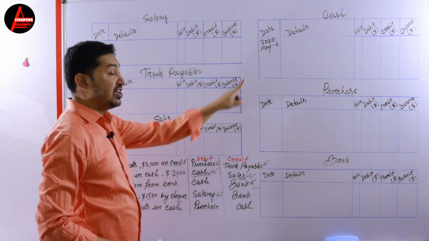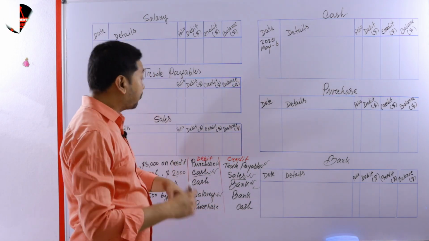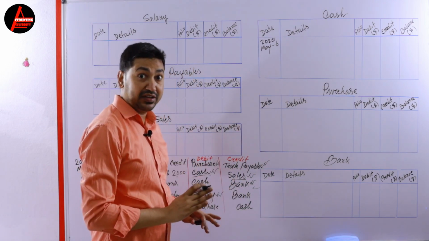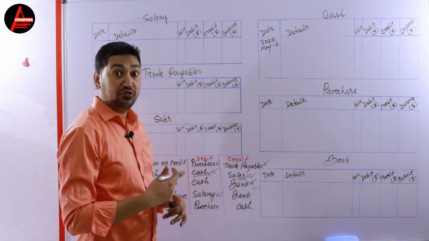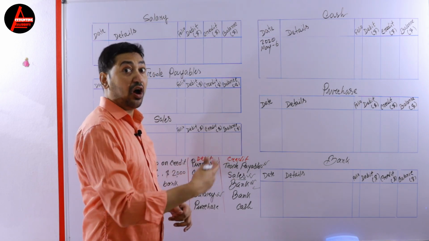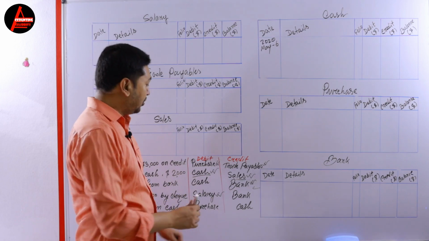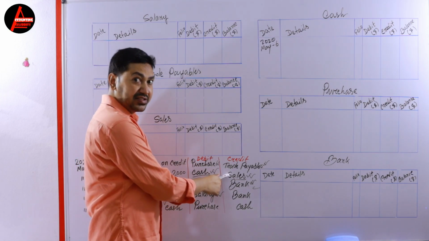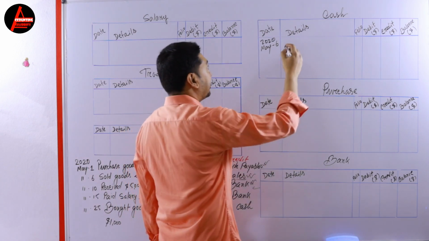We are doing the cash ledger, so inside this cash ledger we cannot write the word cash. We need to write the corresponding account, the opposite account. With cash, what is your opposite account? The opposite account is sales. It's very easy, so let us write sales here.